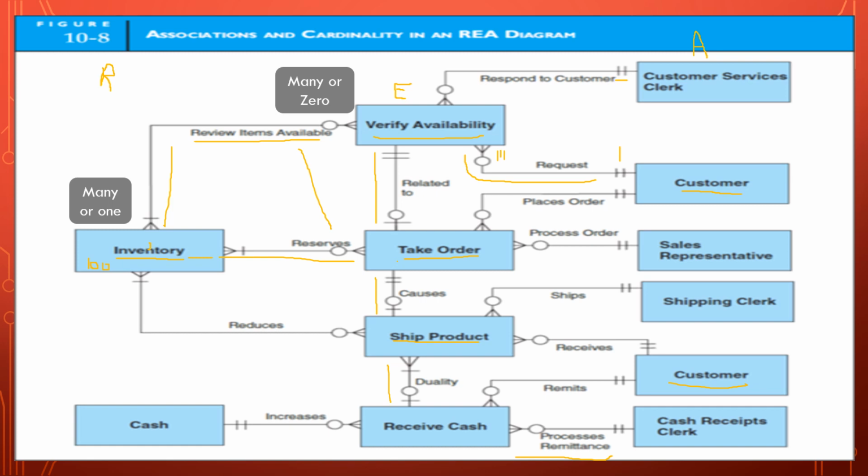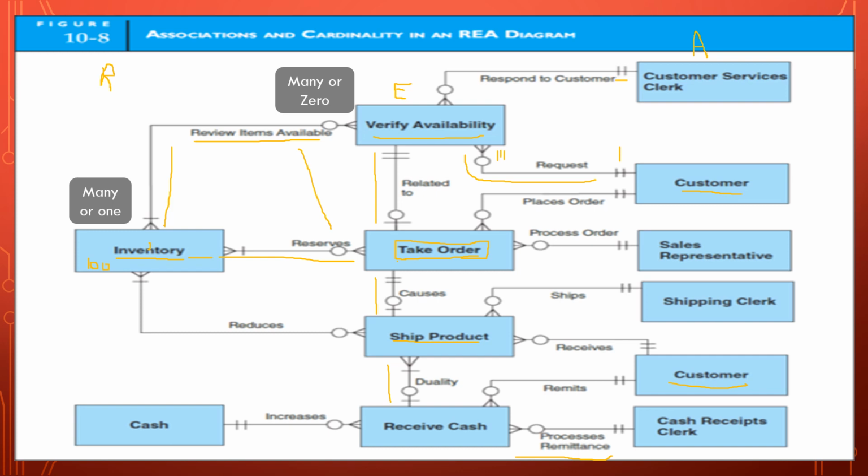So meaning that for one verify availability event, there should be at least one taking order, meaning that we cannot place the order unless we have one check event of verifying the availability of the items. Okay, that's the first one.